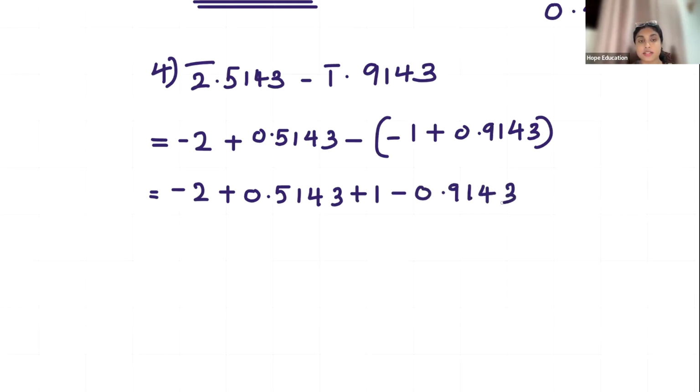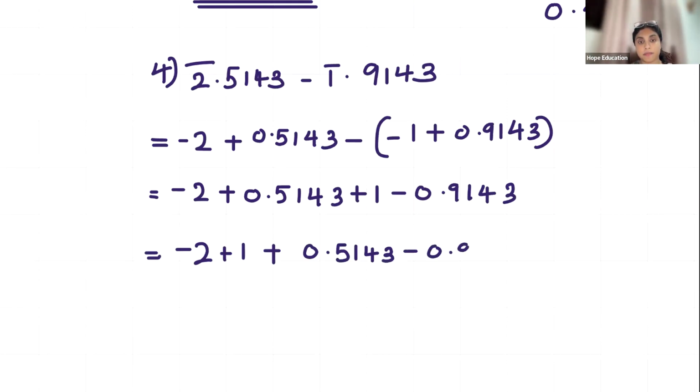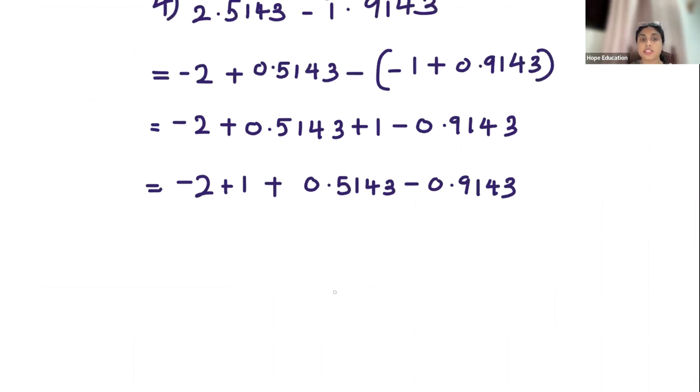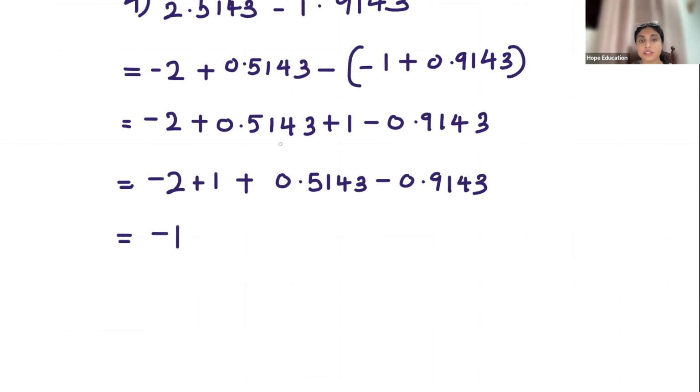So I will write the characteristics and mantissa separately. Here the characteristic is minus 2. Here the characteristic is plus 1. Here the mantissa is 0.5143. Here the mantissa is minus 0.9143. Minus 2 plus 1 is minus 1. Then මෙතන ඔයගොල්ලෝ දන්නවනේ the usual situation. We have different signs.